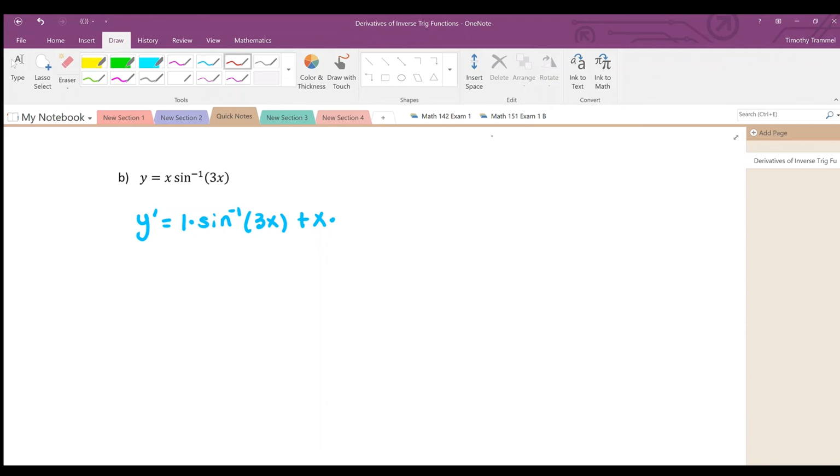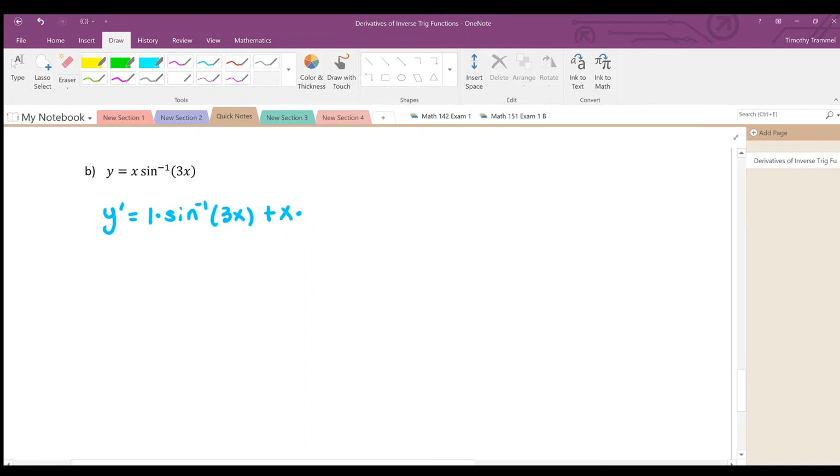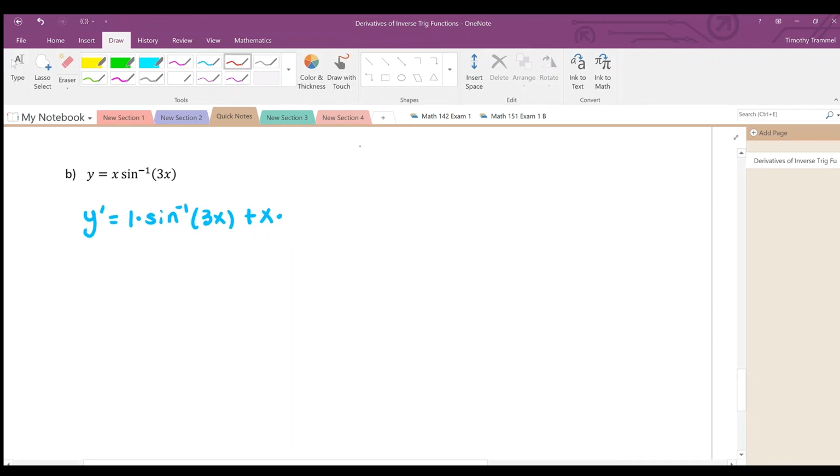Let's just remind ourselves of what that derivative looked like, and by that I mean the derivative of sine inverse of just x. This was 1 over the square root of 1 minus x squared.